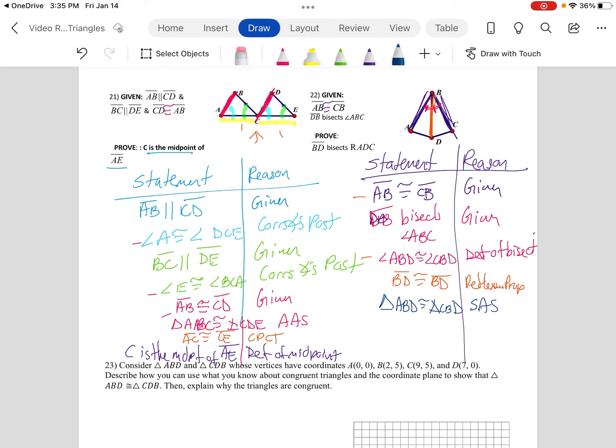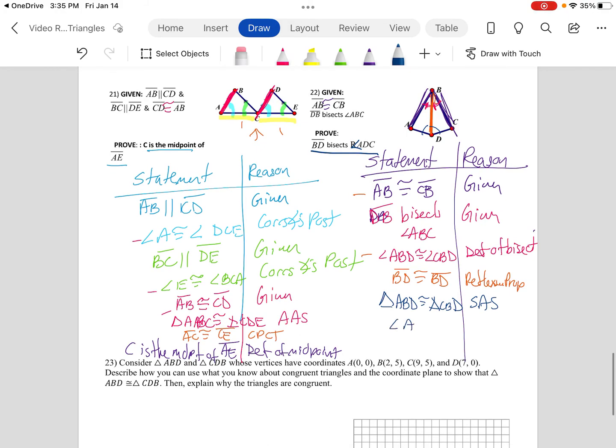If the triangles are congruent, well, we're trying to prove that it bisects angle ADC. I know that this angle and this angle are the same. I know angle ADB is congruent to angle CDB. And that's because corresponding parts of congruent triangles are congruent.